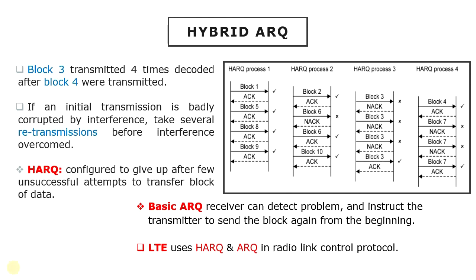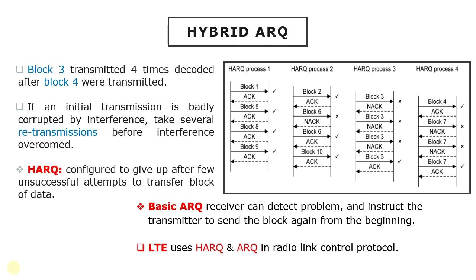If an initial transmission is badly corrupted by interference, then it may take several retransmissions before the interference is overcome. To limit the resulting time delays, a hybrid ARQ process is usually configured so that it gives up after a few unsuccessful attempts to transfer a block of data.